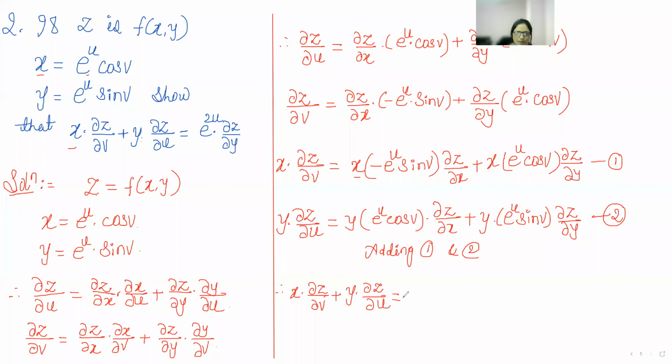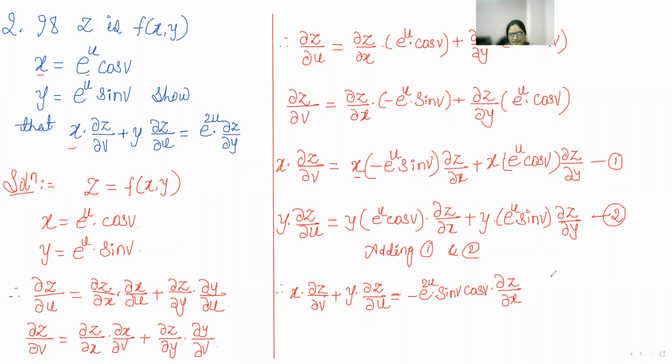is equal to, put the value of x, e^u into cos v, correct. So minus e^u into e^u, it is e^2u sin v cos v ∂z/∂x.